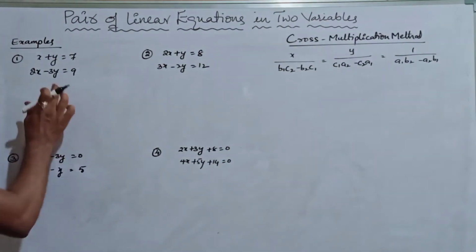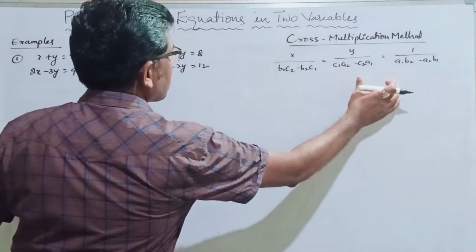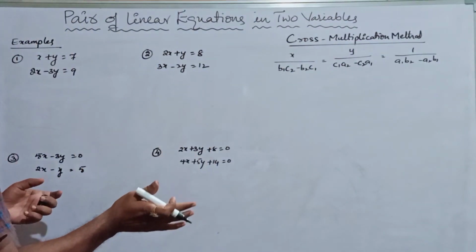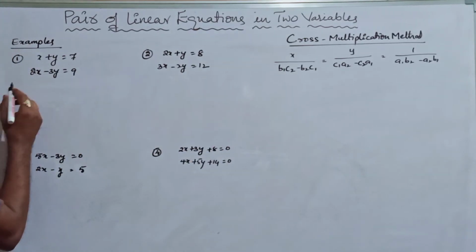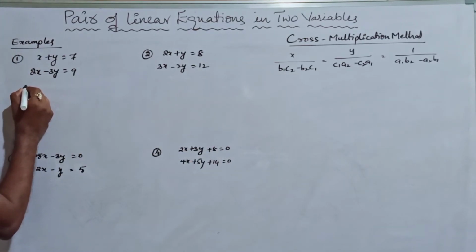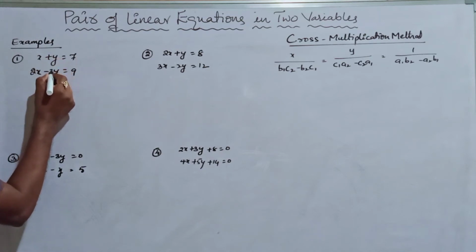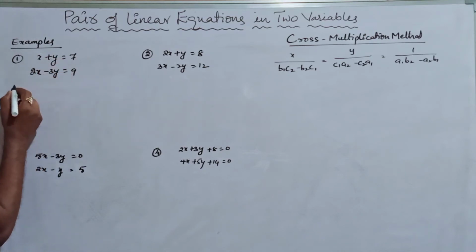So we can use the cross multiplication method as a formula, a shortcut method, a simple method. Let us see. For example, first write the values of b1 b2. First here 1, minus 3.